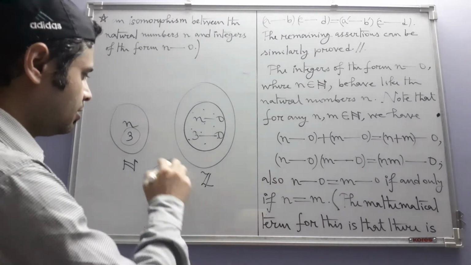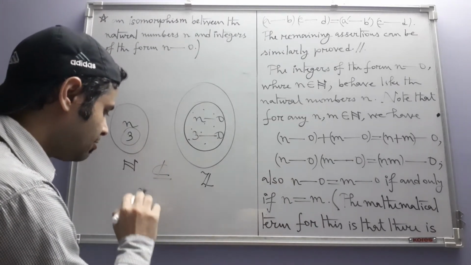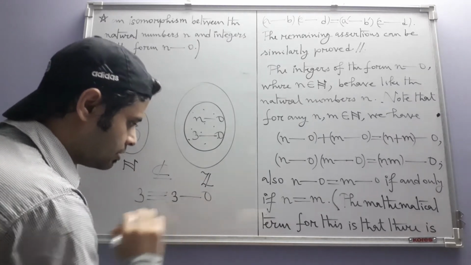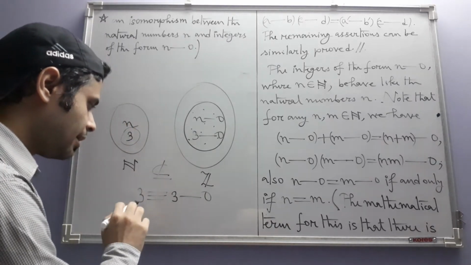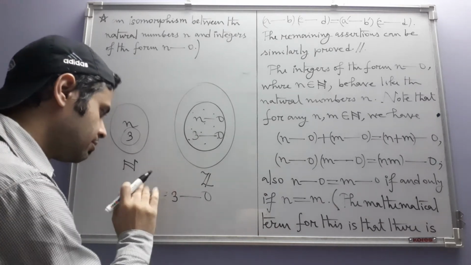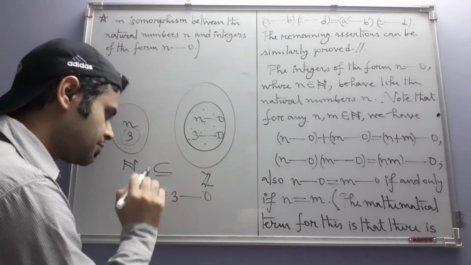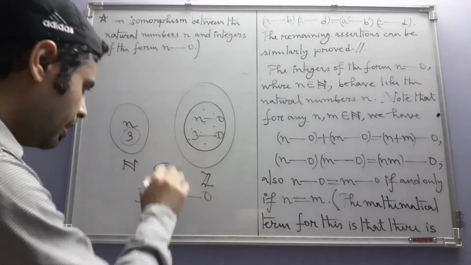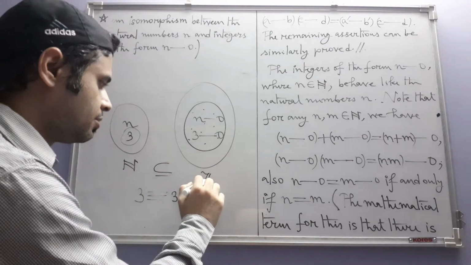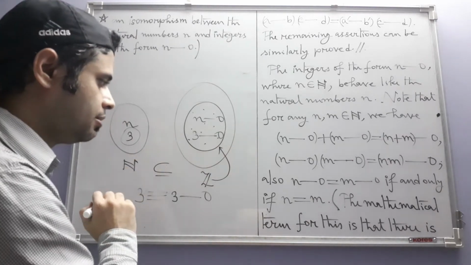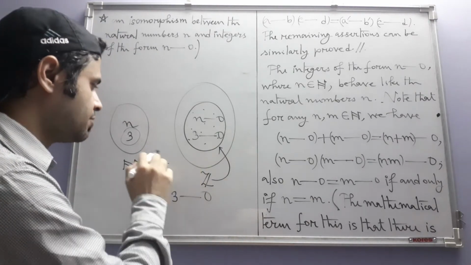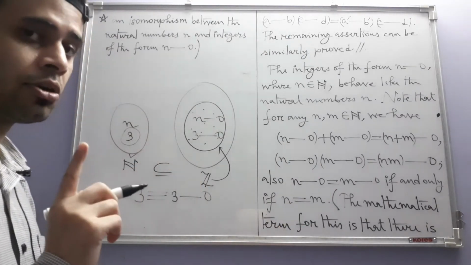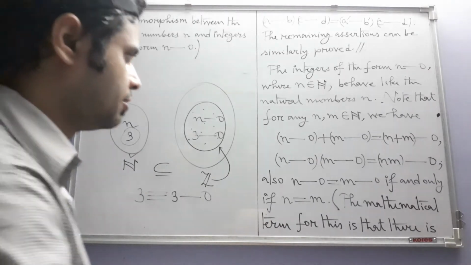So that's why once you identify this 3 with 3-0, then after that identification you can say that N is a subset of Z. But strictly speaking, what we are really saying here is that Z has a subset in it which behaves in all respects like N, but that is not equal to N. Okay.